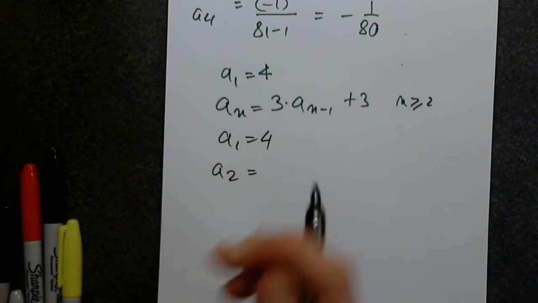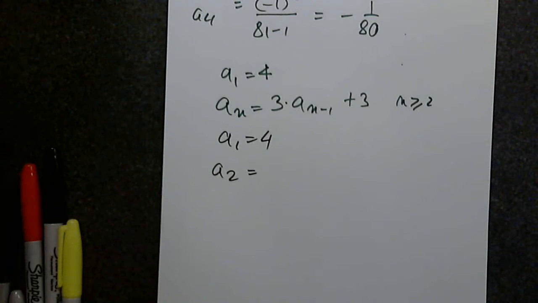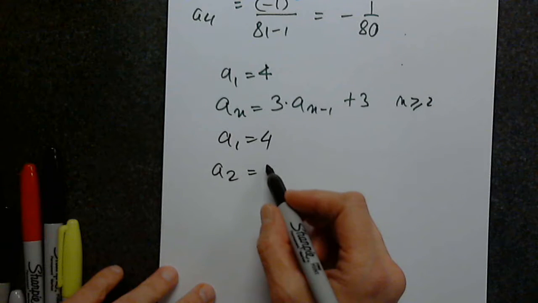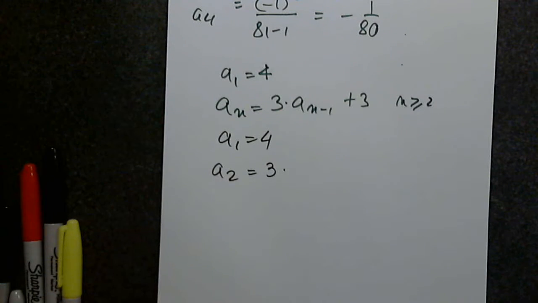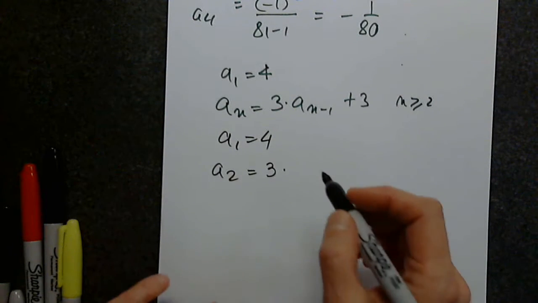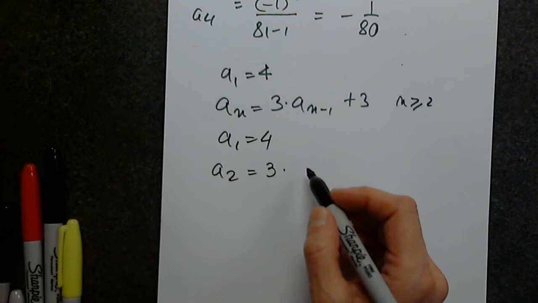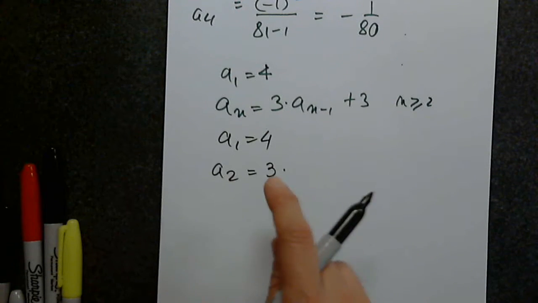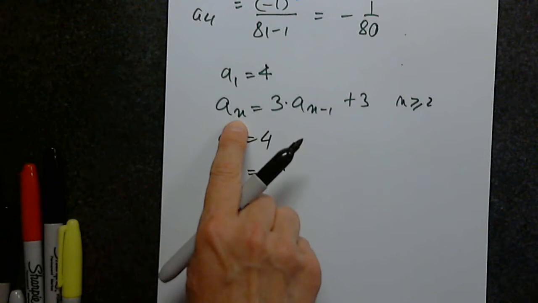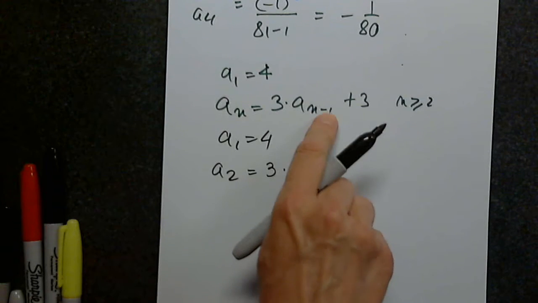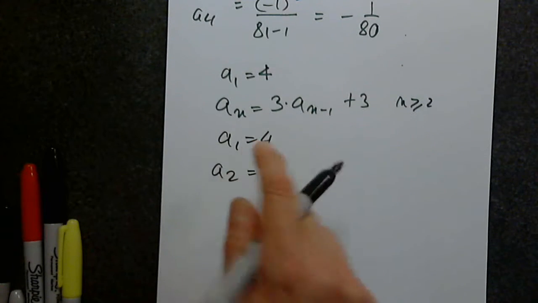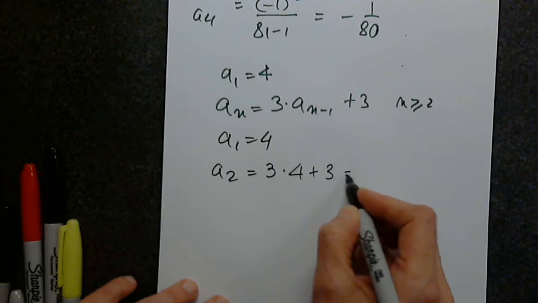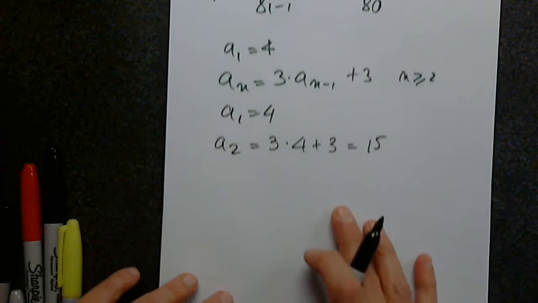How do I get a2? 3 multiplied by, yes. When this is 2, this is 2 minus 1, which is a1, which is given here. So 3 times 4 plus 3, which is 15.